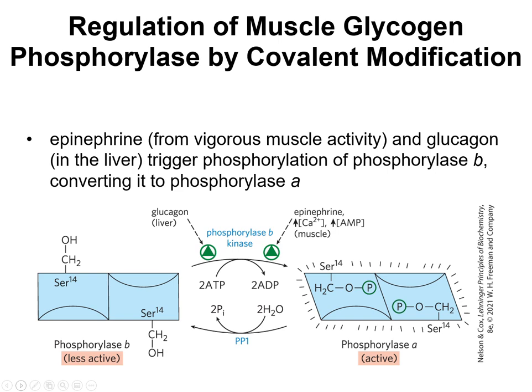The phosphorylation event coincides with some conformational changes that allow for increased activity. We're going to talk about all the regulation that you see in this figure so that you can actually explain how glucagon and epinephrine signal to create these changes for phosphorylase.